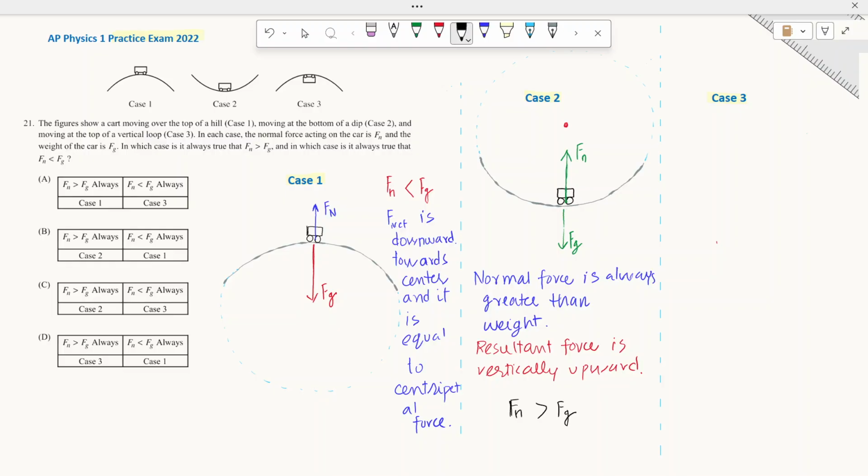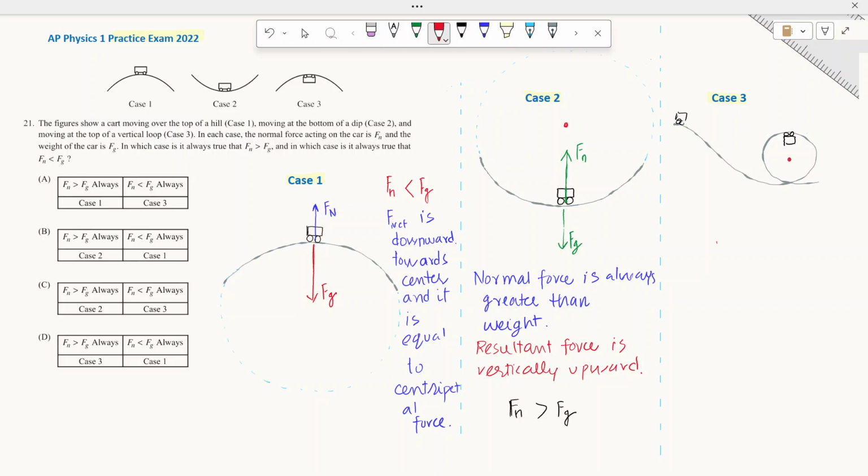The third case represents this roller coaster track in which the cart, when it is released, goes loop the loop. So it is right now at the top, inside the circular track. Right at this point, you can see that this is the center, right?